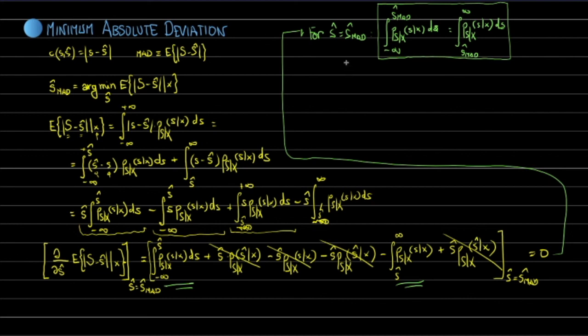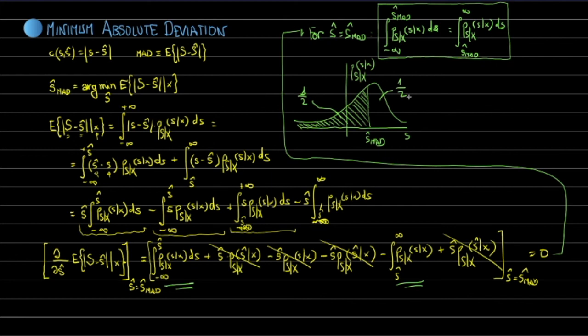Well, and this means that whatever the shape of the posterior distribution as a function of S, SMAD will be the point splitting the distribution in two halves with the same integral. The integral of both sides should be 1, so each side should have integral equal to 1/2.